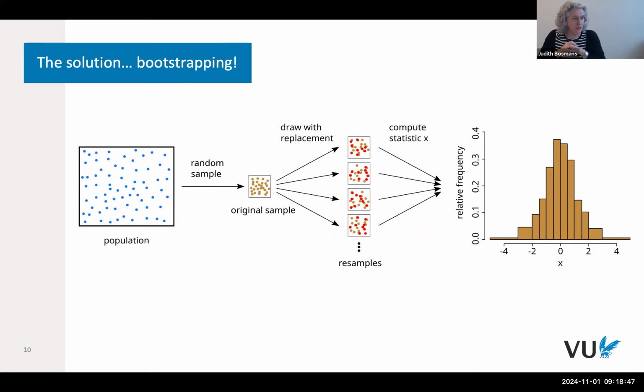I'm not sure whether you've heard of bootstrapping, but basically it's a way to estimate statistical uncertainty without making any assumptions about the distribution of the data. So we can estimate statistical uncertainty without assuming that the data is normally distributed.